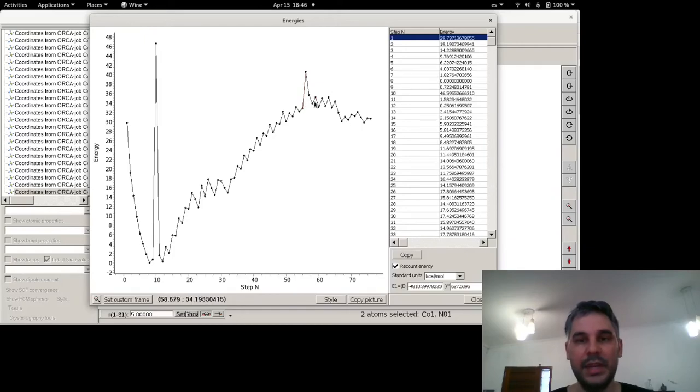This maximum here is most likely not a transition state. Maybe this one. It's not a transition state, but it may be close enough that we can start a geometry optimization of the transition state from that structure. The problem with this is that the thresholds were maybe too lax, too easy to achieve.